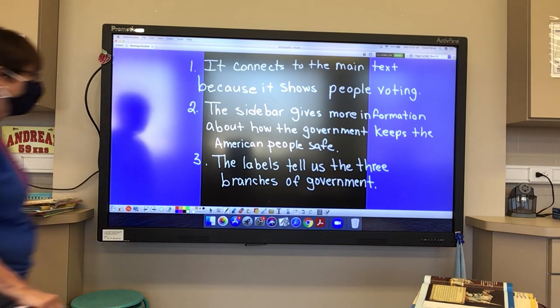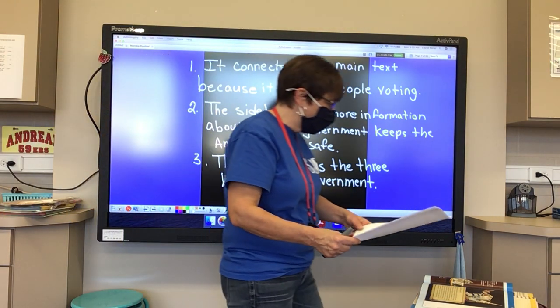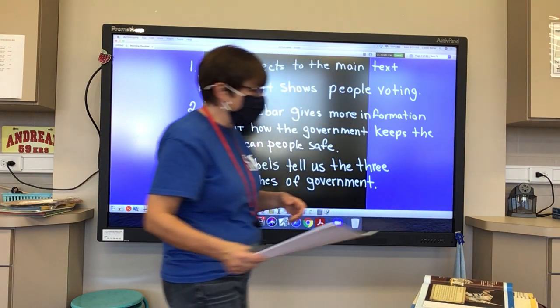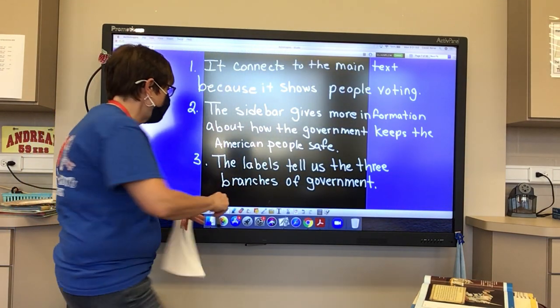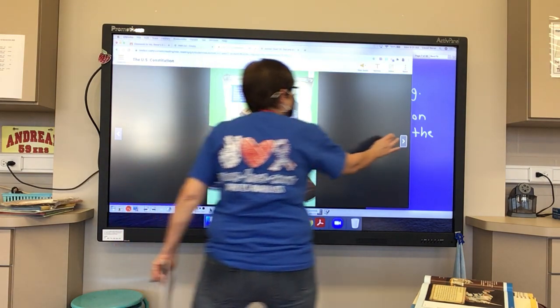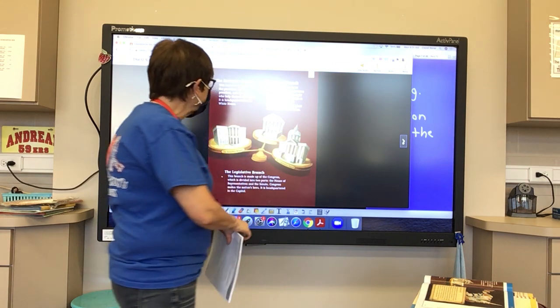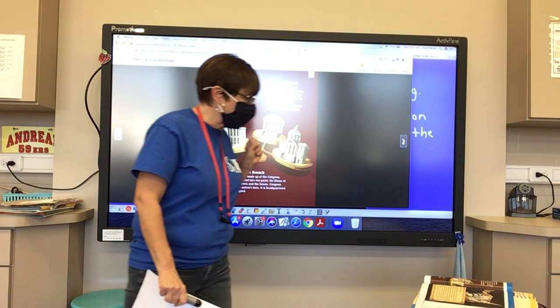Okay? Now, we want to know, why is it helpful to have these kind of illustrations with these texts? Why is it good? So, did everybody write that? I'm going to bring up the page again so we can look at it. So why is it helpful to have these illustrations with this text?